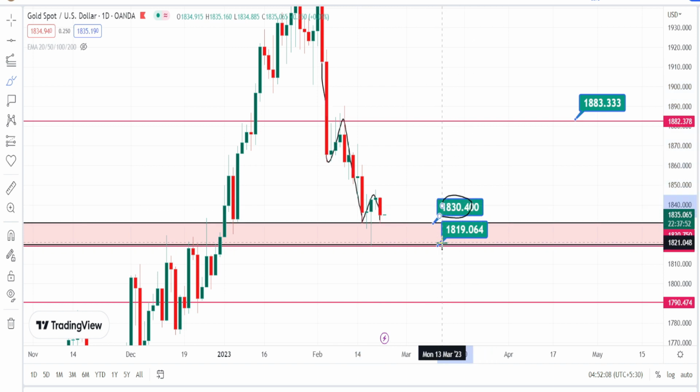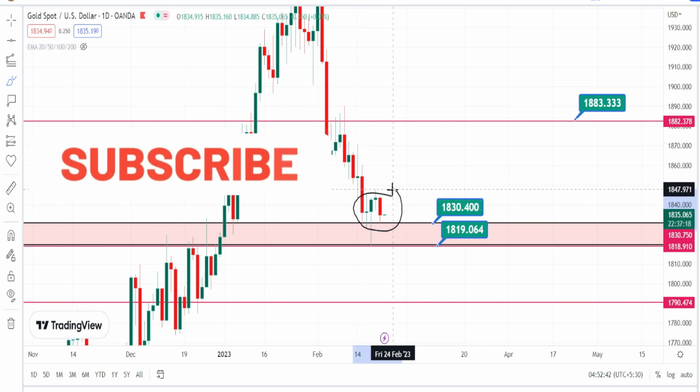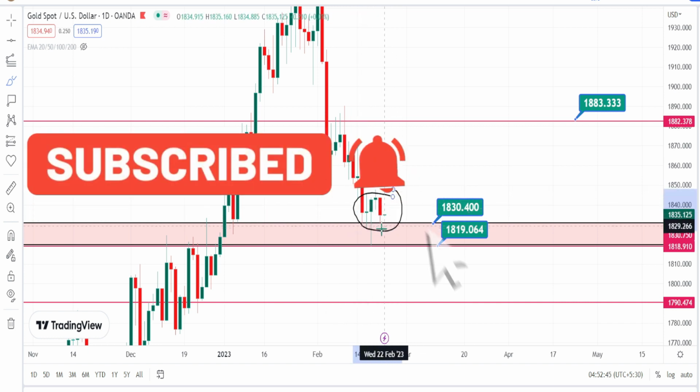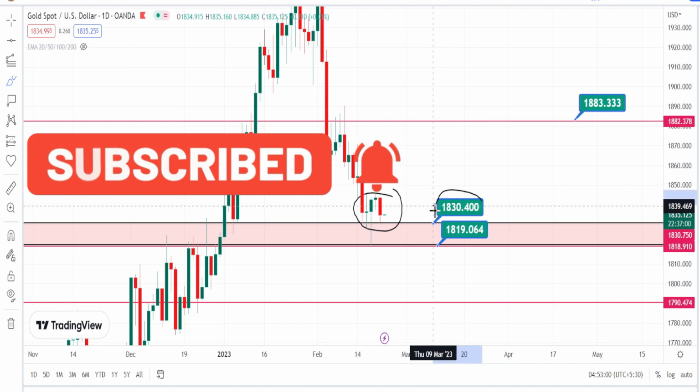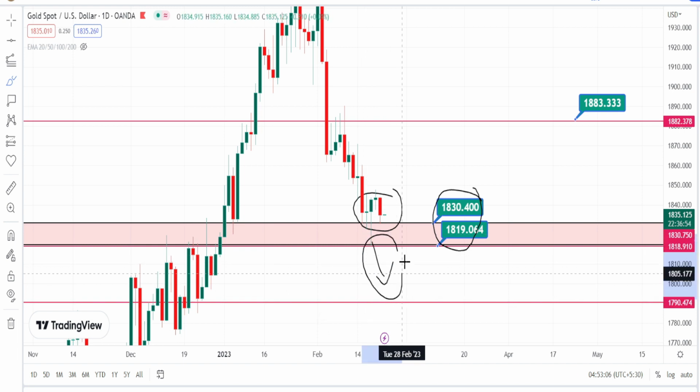So as explained in the weekly time frame also, this zone between 1830 to 1819 will be acting as a strong support zone, and if the price action doesn't manage to break this support zone, we can expect the bullish side bounce back to start. For now we are noticing a consolidation to start in daily time frame. Wait for the price action to break this support zone if you want to freshly enter on the bearish side trade in daily time frame.